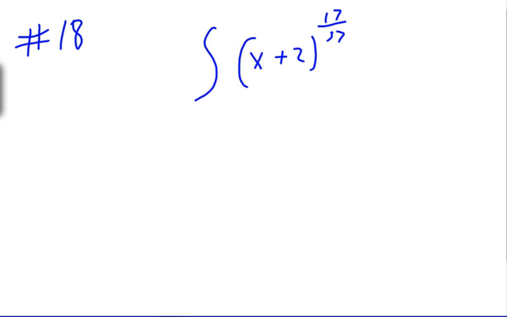So the form is going to have to be x plus 2 to the 54/37ths, because I'm adding 1 to it. It's a form issue, not a substance issue.